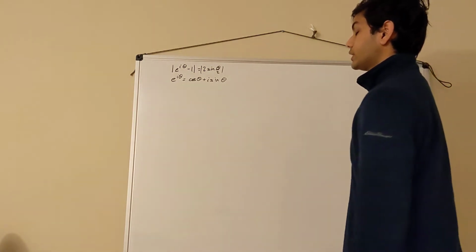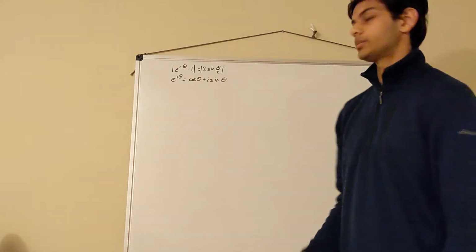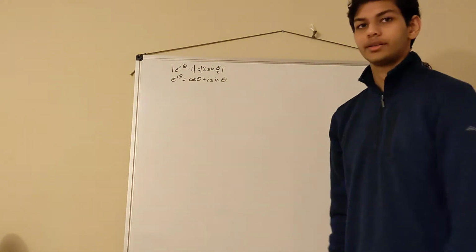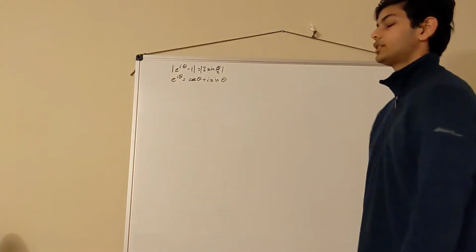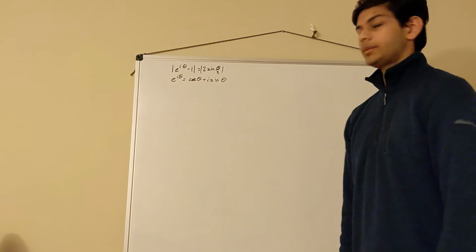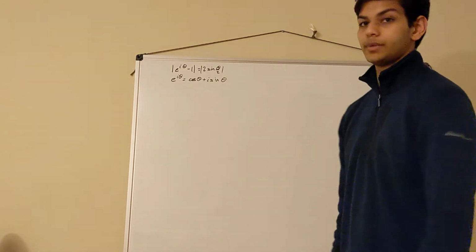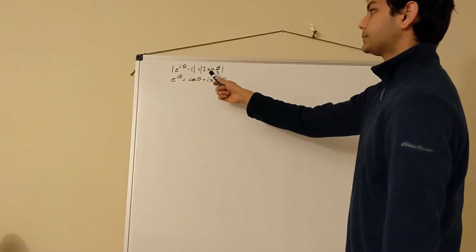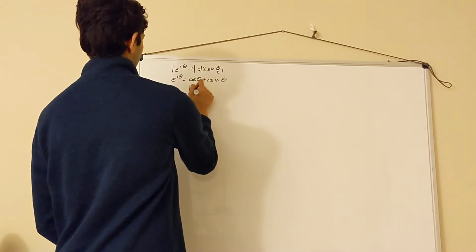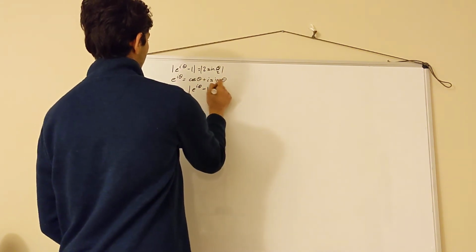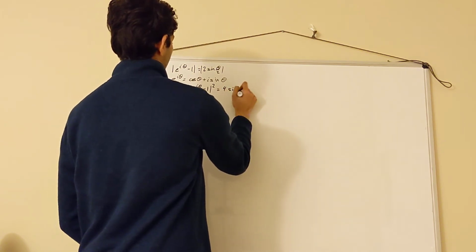The first thing you might be tempted to do is rewrite this in terms of cosine and sine, then use the Pythagorean theorem with the real part and the imaginary part, do some algebra and trig identities, and get this. Or maybe you noticed that the right side is a real number, so you can square both sides, and you get that the magnitude of e to the i theta minus 1 squared is equal to 4 sine squared theta over 2.